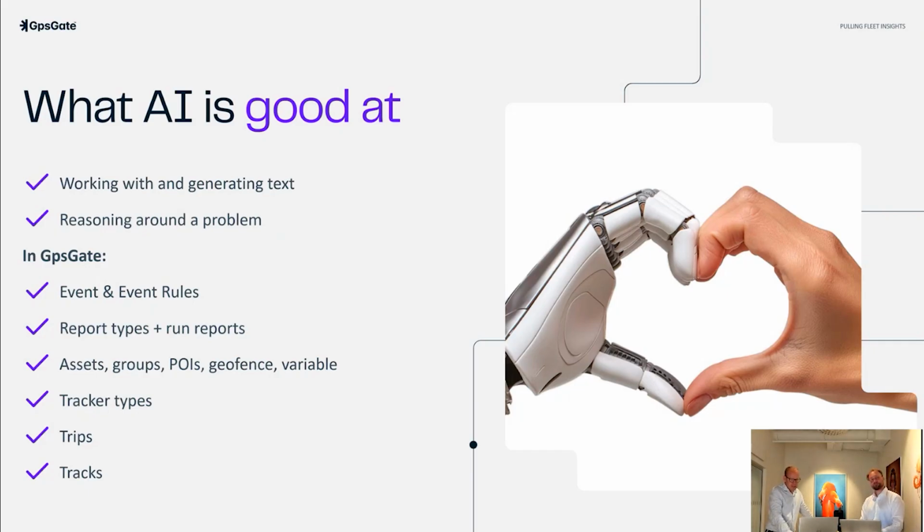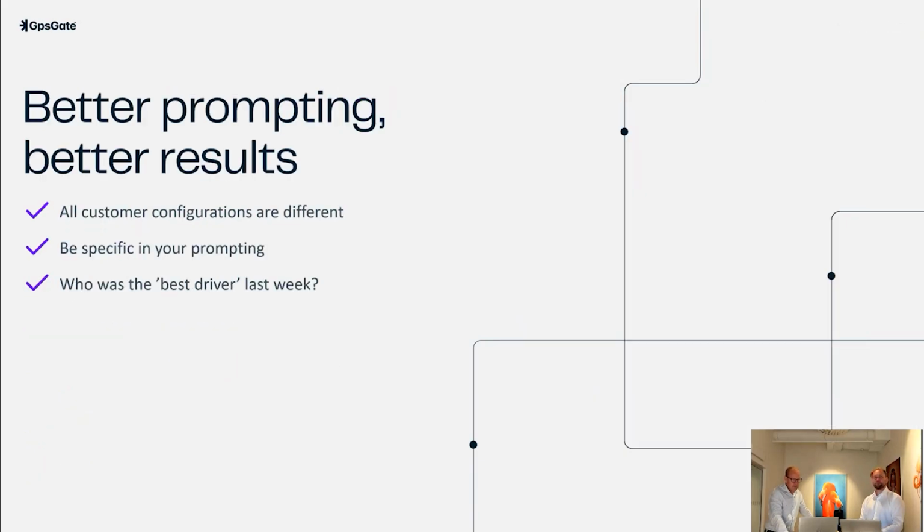And I think that brings us into the next topic, about how you prompt things to get good answers. What is a good prompt to get a good answer? Generally with AI, if you have a specific question, you can get a specific answer. If the question is really general, then you get a general answer, and those are not as useful usually.